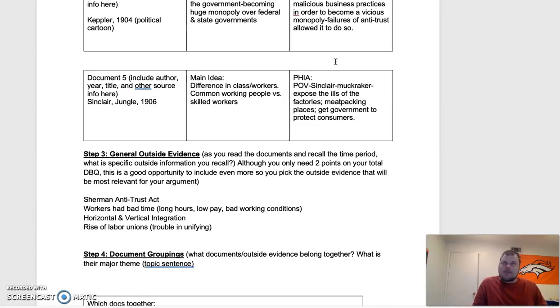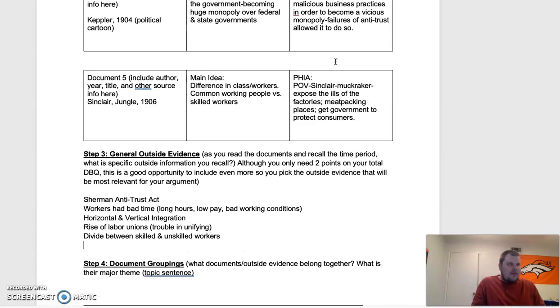And I remember something, which is that there was a big divide between skilled and unskilled workers. So that's problematic. I also remember that one of the reasons for that divide had to do with the rise in immigration, many of our immigrants being unskilled workers. So this is a problem here as well that I also want to address.